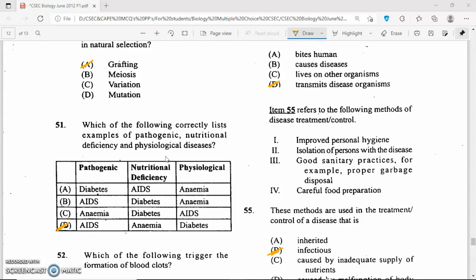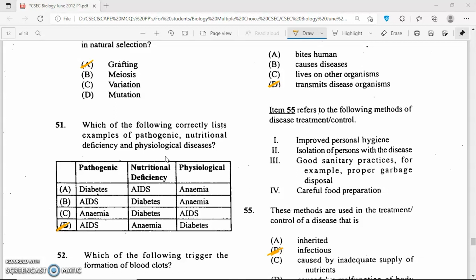Okay. B, AIDS is a pathogenic disease, pathogenic, infectious, communicable disease. All of them are the same, right? AIDS is caused by the HIV virus. Okay, so it's an infectious or a pathogenic disease. The HIV virus would be the pathogen. Okay. Nutritional deficiency, diabetes is not nutritional deficiency, so B cannot be the answer.